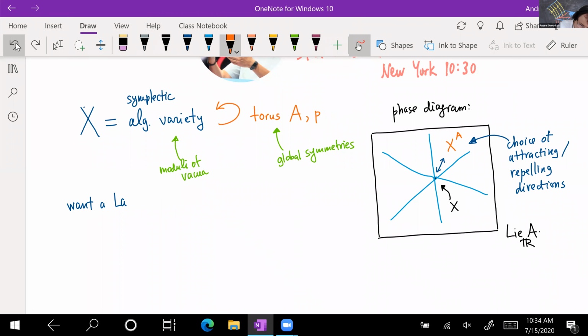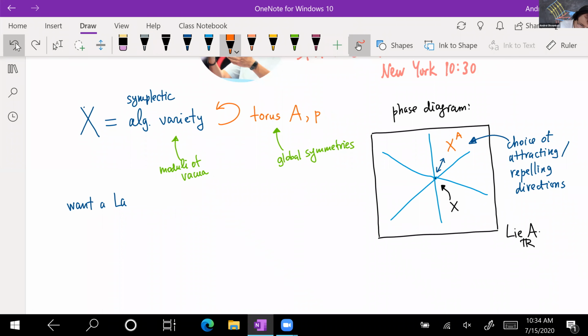This limit is a choice of the chamber. Maybe call it this chamber.